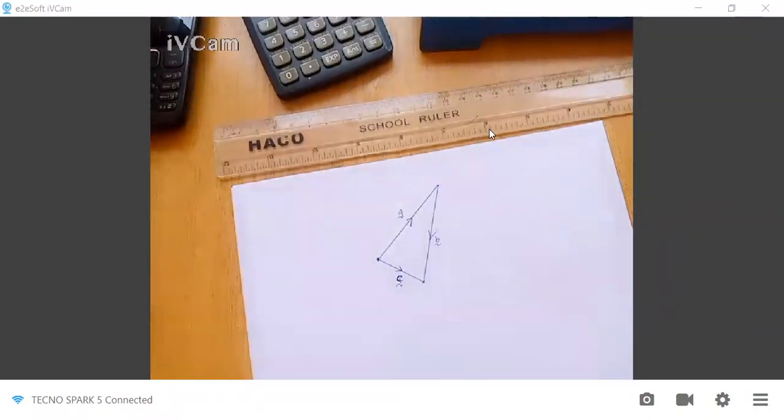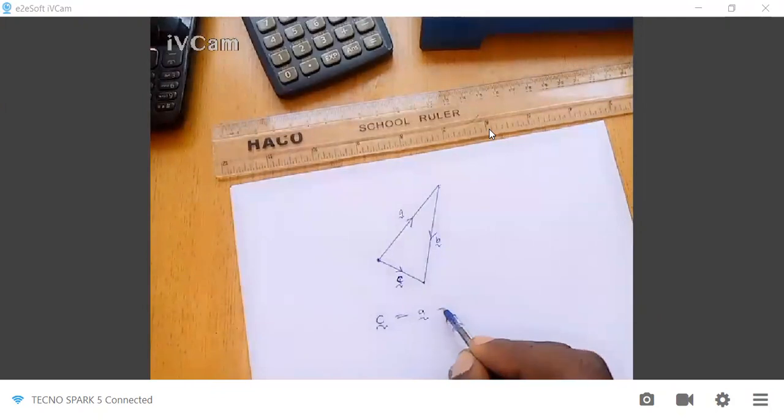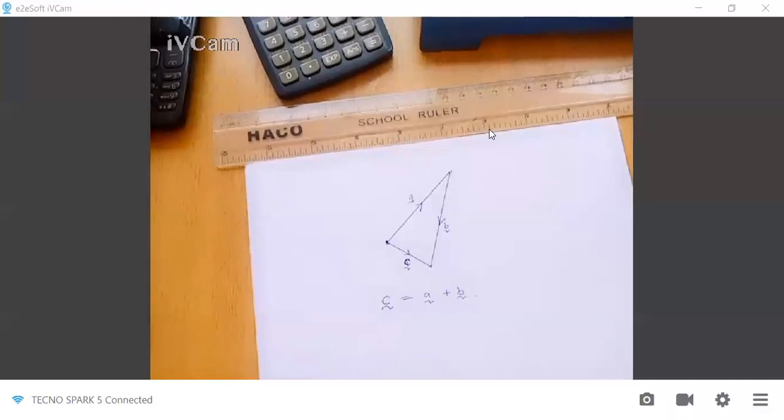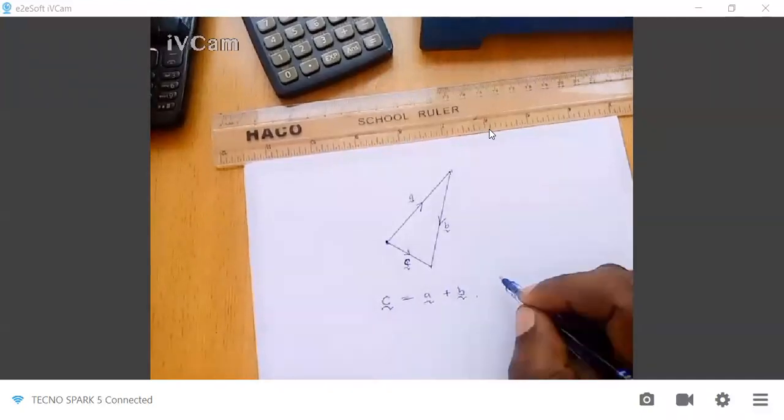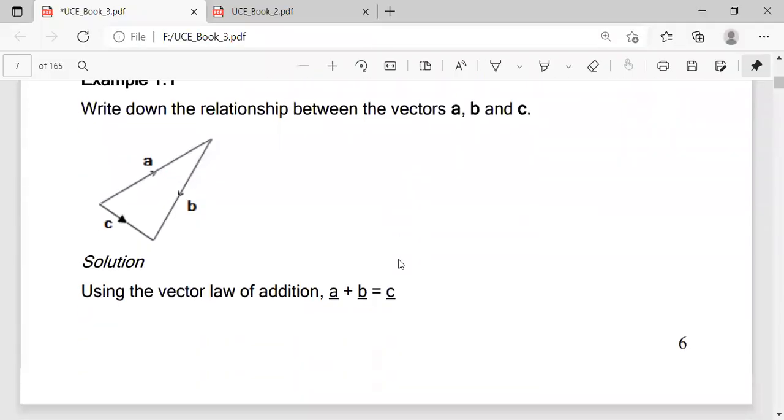Yes. So it means that C is equal to A plus B. That's the relationship, members, and that example is done. So that's the relationship between C and AB. So from here, you can find A, you can find B if you have C and A. Okay. Let us go back to our question.